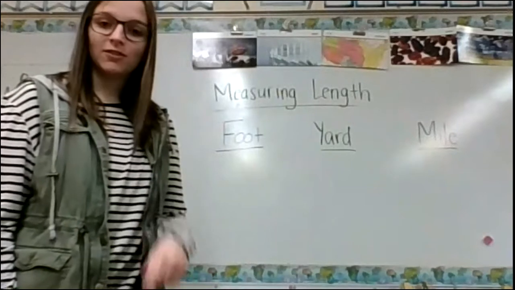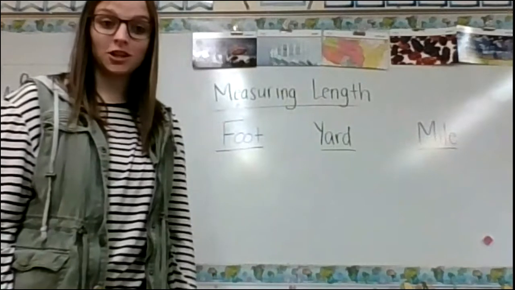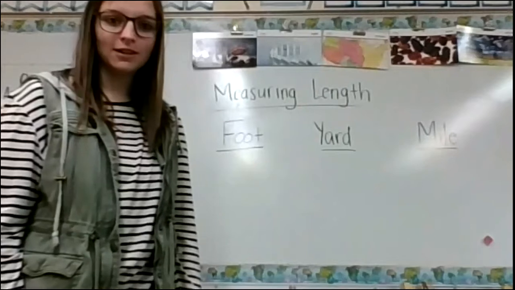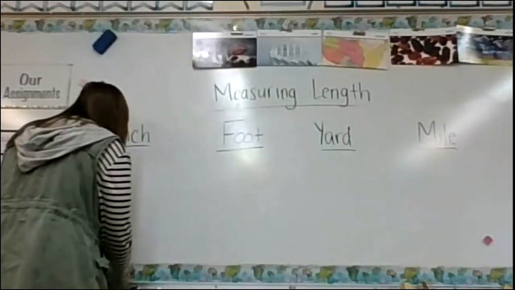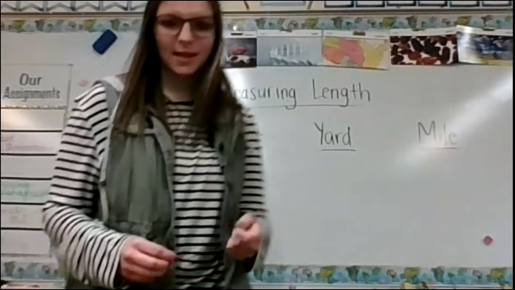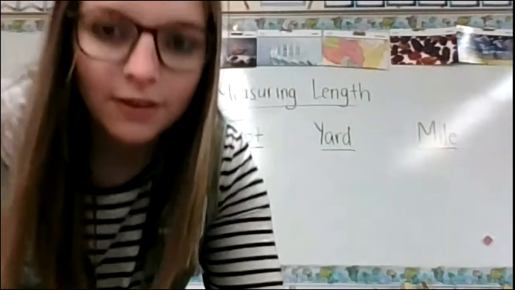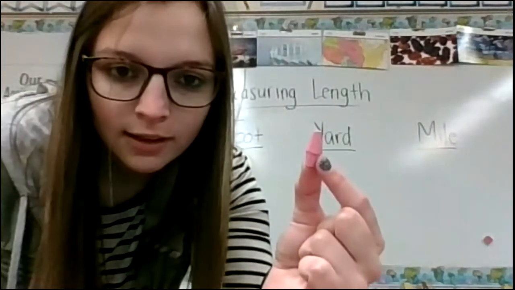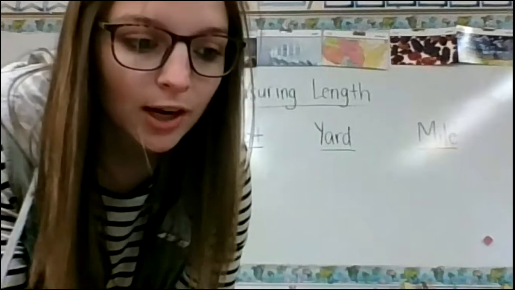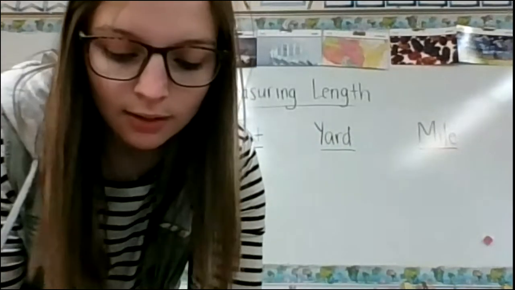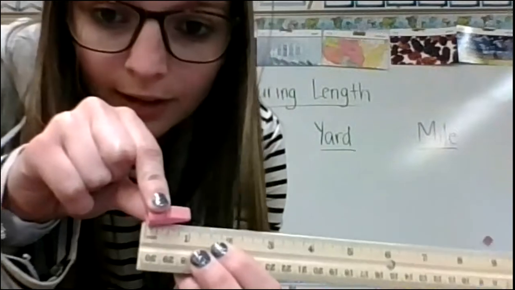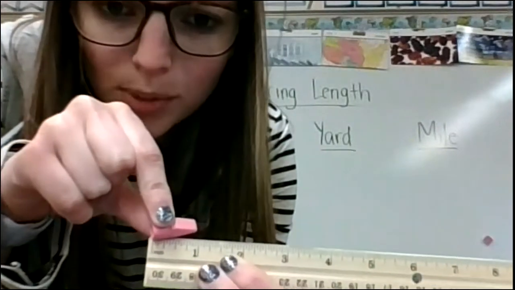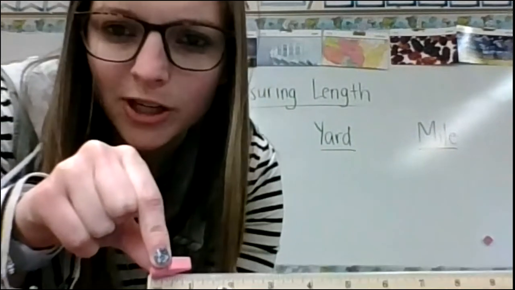And I actually have a few examples of things that are an inch that we have right here in our classroom. So my first example that I have is an eraser. If I hold it up to my ruler, you can see here that it is just about 1 inch, maybe a little bit shorter, but it's pretty close.